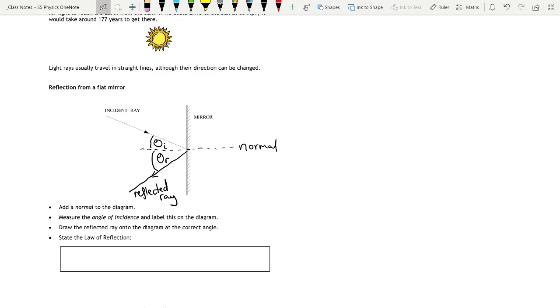And the law of reflection is the angle of incidence is equal to the angle of reflection. Okay, so that's not new to you, that's all familiar to you, hopefully, from National 5.